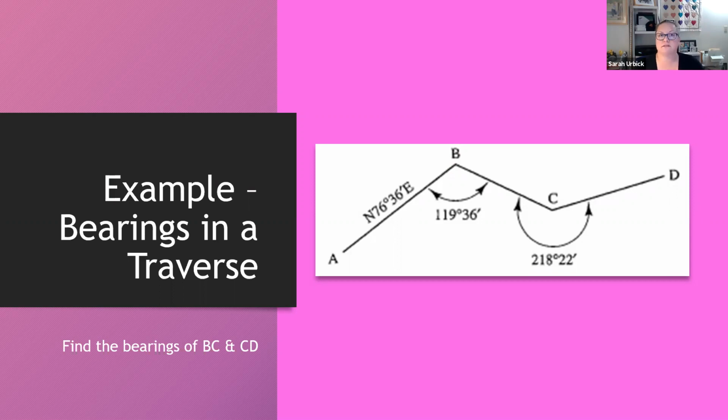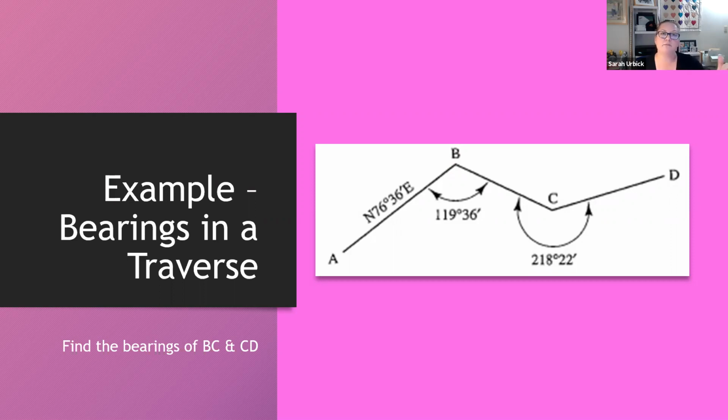So those are some of the situations where we would need to find out, based on what we've got, where are we going next. We're given a bearing for line segment A to B: north 76 degrees, 36 minutes east. We have a measured angle between line AB and BC.